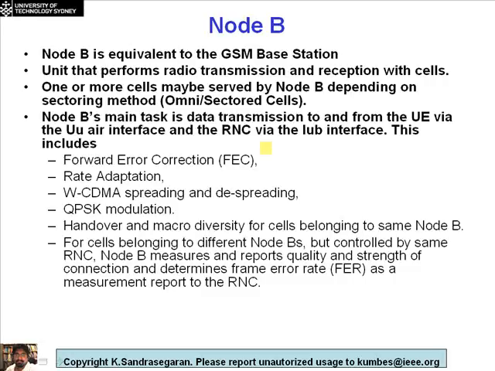The other thing that both the Node B as well as the BTS have to do is measure the quality of the radio channel between the base station and the mobile equipment. The quality of the radio link has to be continuously measured. Both the Node B as well as the user equipment are taking measurements of the transmission link, because there are well-defined patterns that are continuously transmitted on the signaling channels.